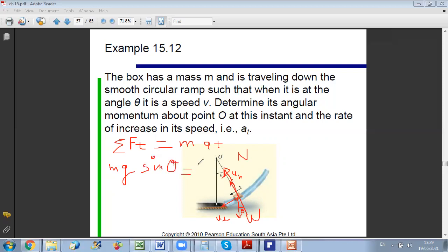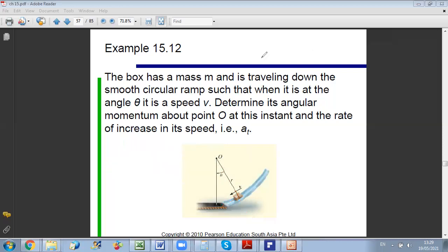If you simplify M, you will get that AT is equal to G sine theta. So same result obtained from angular momentum relation. Okay, any question on this? Okay, so let us continue.